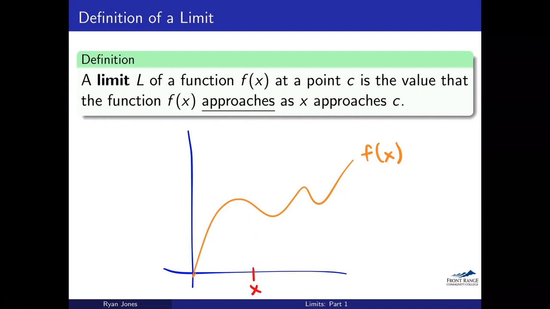If I change this from an x to a c, we'll use that letter c, then the value of my limit L, again L just being the name that I'm using for that limit, is going to be whatever f of c is.